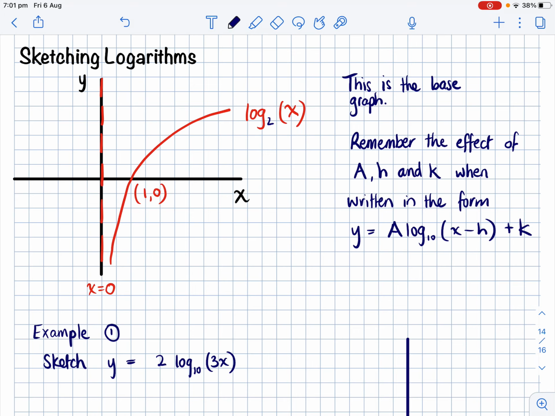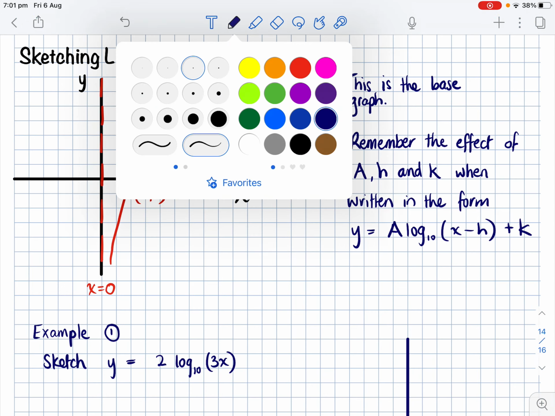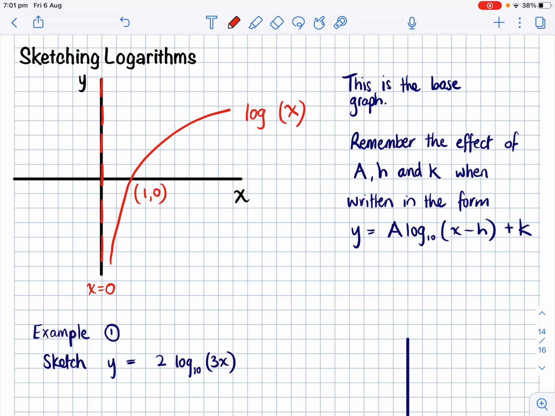Okay, so where do we start this problem? Let's get back to putting my 10 in here, just so I'm working in the same space. We start with our base graph, and then from there we need to remember the effect that a, h and k have when we write our equations in a more complex form.